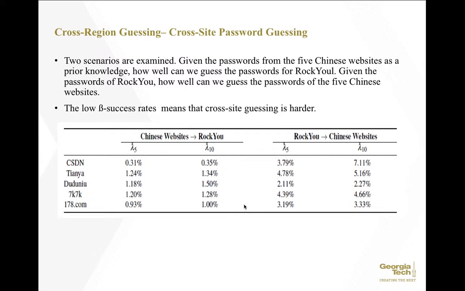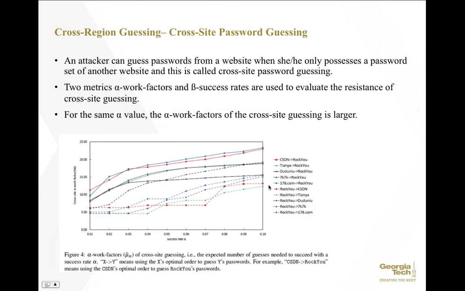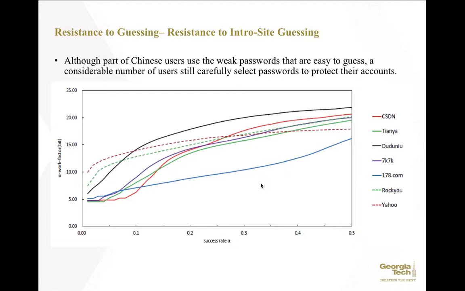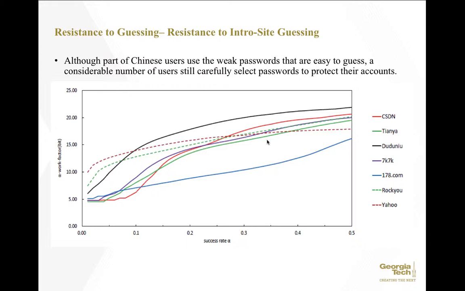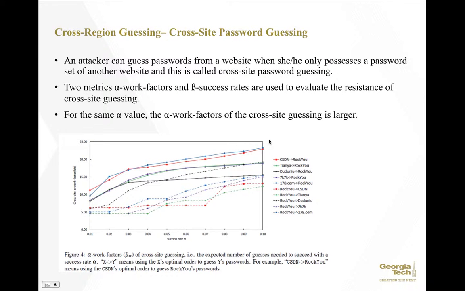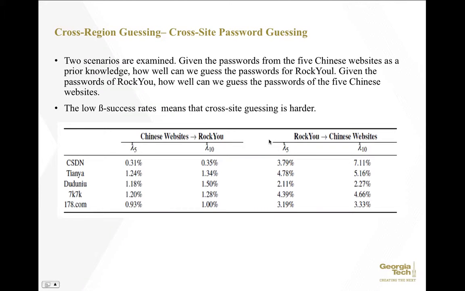Comparing this smaller gamma value to the intra-set gamma value, which is about 10^8 scale, the cross-set cracking is only about 2-3%. So the low beta success rate means the cross-set guessing is harder than the intra-set guessing.